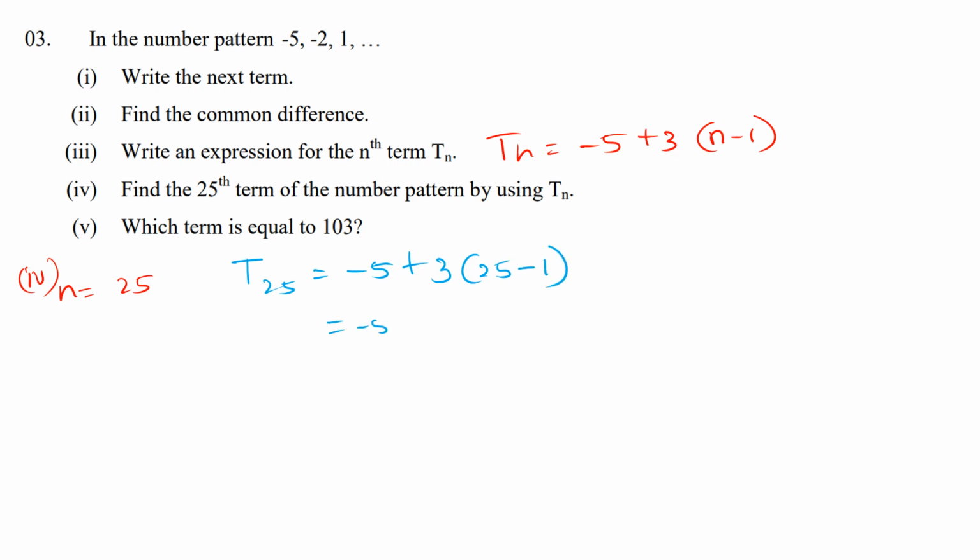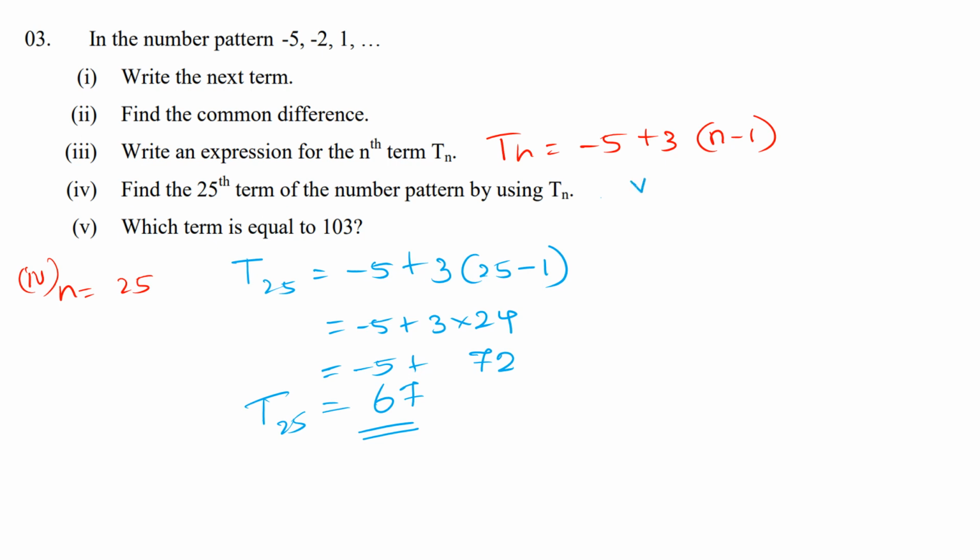This means minus 5 plus 3 into 24. This is so simple, you can just simplify this. 3 into 24 is 72, and 72 minus 5 is 67. So T25 is 67.